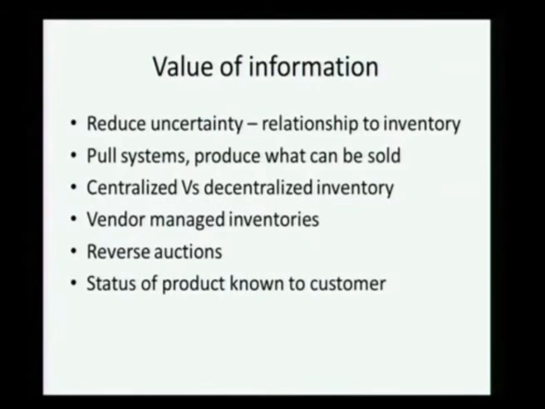The next thing that we can see is what are called reverse auctions. Reverse auction is like our tendering. It is the opposite of an auction. In an auction we try and sell the product, and whoever bids the maximum gets the product, pays the money and gets the product.